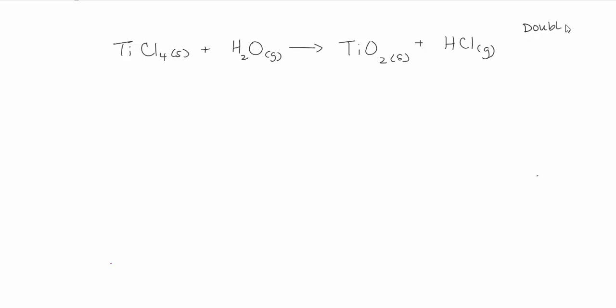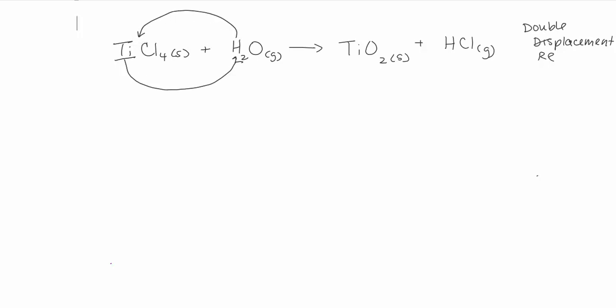You may see it as double replacement. Depends on your book. So what you have is your cation replacing the other cation. So the titanium is going to come in and knock out the hydrogen. The hydrogen is going to come in and replace the titanium. So we have what's called a double displacement.